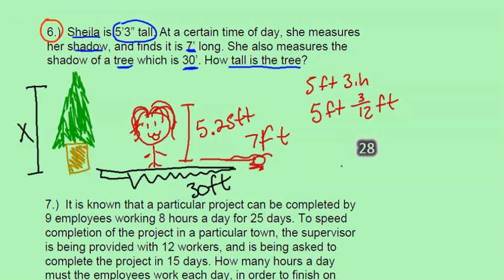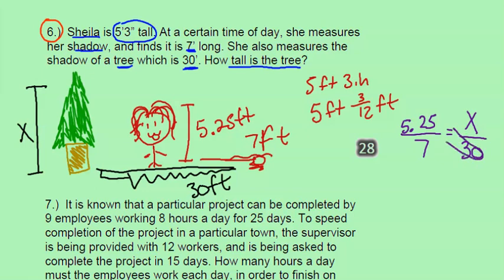So from here we could set it up as a proportion. We have Sheila's height, 5.25, over the shadow height of her, which is 7, equals the height of the tree, which we don't know, we're going to call it x, over the height of the shadow, which is 30.